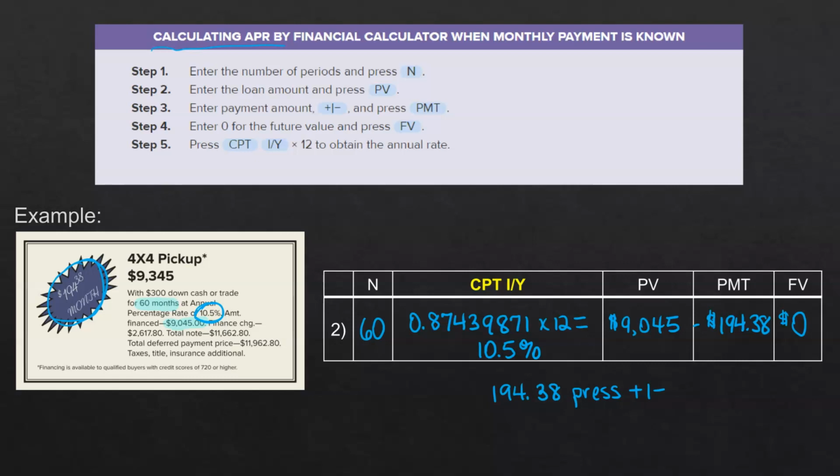Sometimes we'll have 0 on something like the future value. For loans, it's always a 0 on future value because at the end of the loan, you should be at 0, right? Which is a good thing. That's where you want to be at the end of your loan. All right, so I'm going to stop this video and start a new one for more of this lesson.